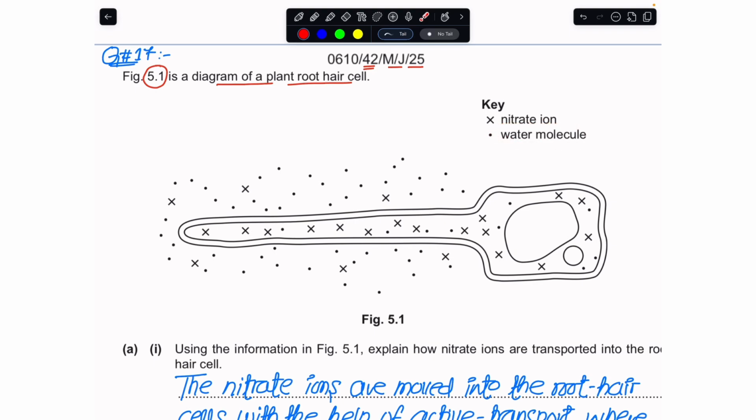So if you were to simply see, we have a higher concentration of nitrate ions in its cytoplasm and a lower concentration of nitrate ions in the soil that is surrounding these cells.